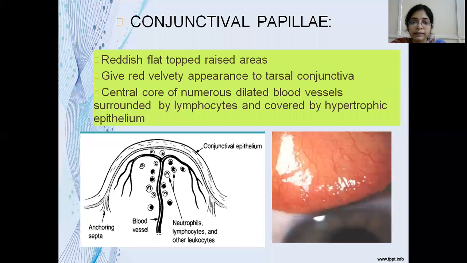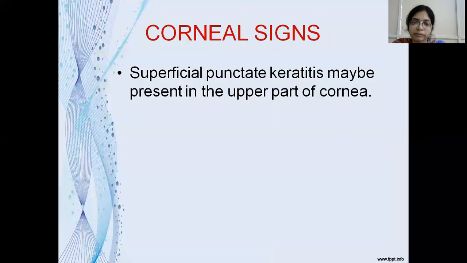Here, the blood vessels are in the center. So it consists of a central core of blood vessels surrounded by lymphocytes. And you can see in the picture, it is covered by conjunctival epithelium, which is hypertrophied. So: central core of blood vessels surrounded by lymphocytes, covered by hypertrophied epithelium.